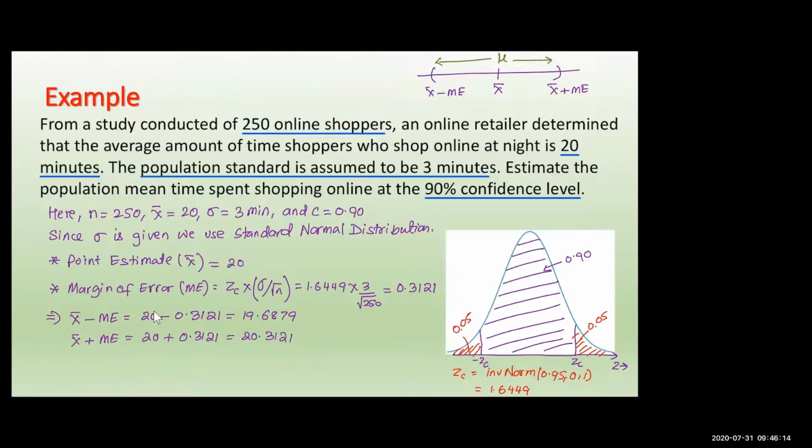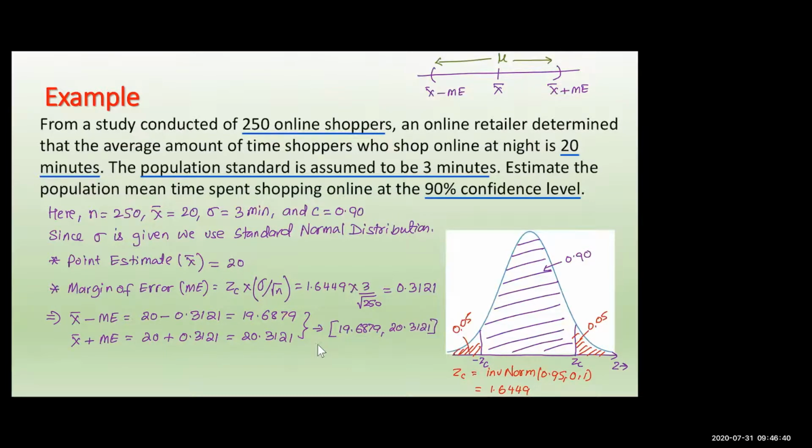So the 90% confidence interval is from 19.6879 up to 20.3121. So that is the interval. Sometimes we can also write the interval like this, 19.6879 up to 20.3121.